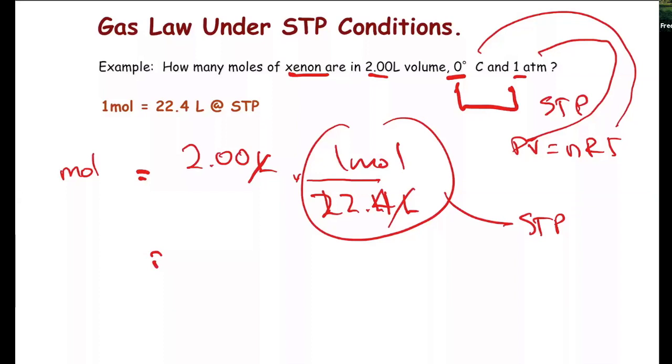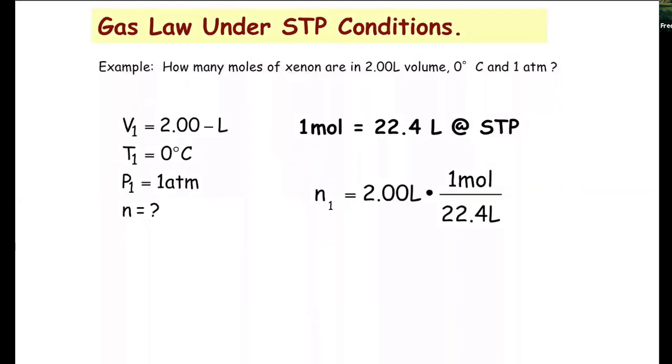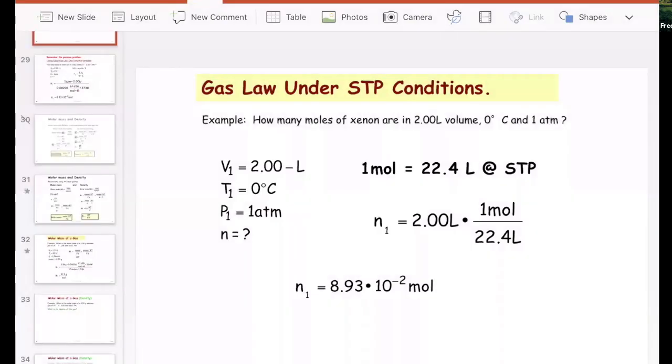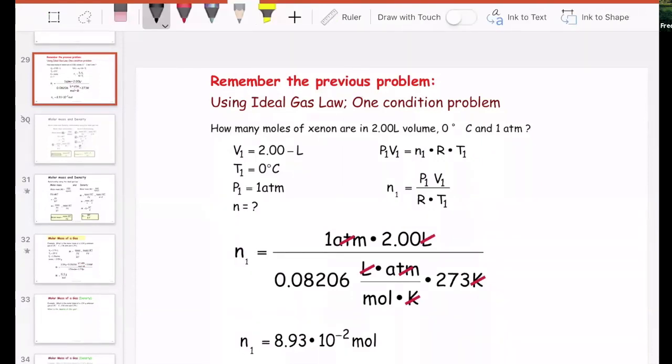When we do this, let me clear this so that you can see the math. What we get is 8.93 times 10 to the minus 2. Look back at the first example we did a couple of pages ago, where we used the ideal gas law. We got 8.93 times 10 to the minus 2.